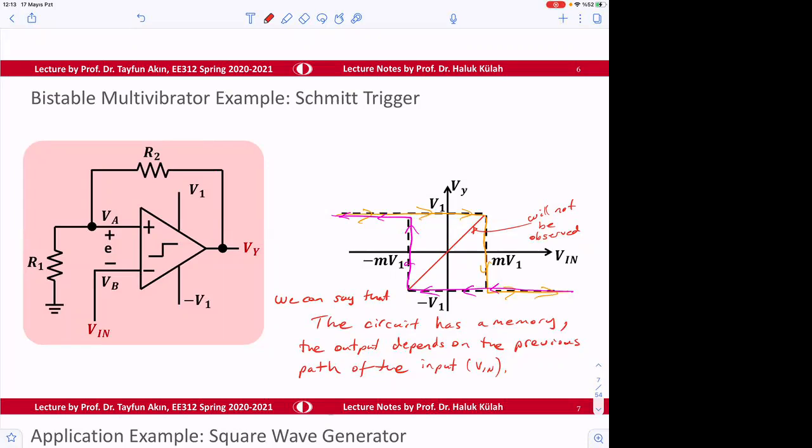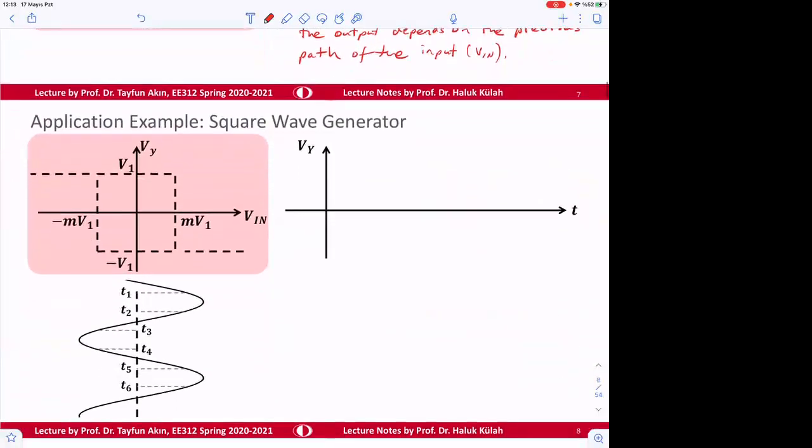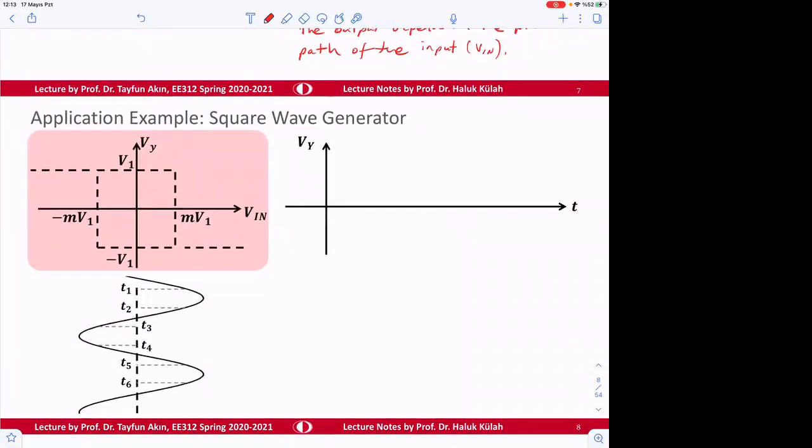I mean, a typical example is this one. You know, if the input, let's say this is Vn, this is the time scale. Okay, time.